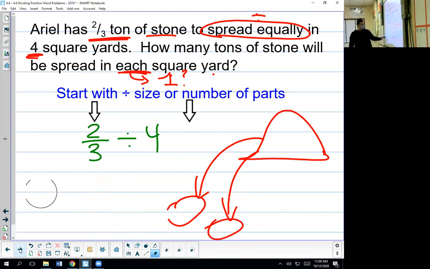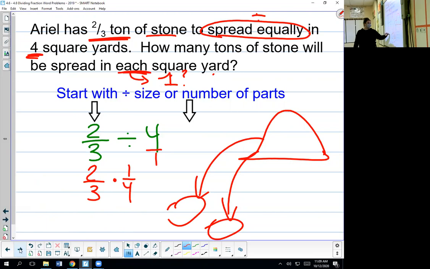But yes, it's this way. Here's why. If you keep the first, and we already know that, and multiply by the reciprocal, you get 2 over 12, which is not a whole, because I can't have 6 tons in each, because I only have 2/3 of a ton.